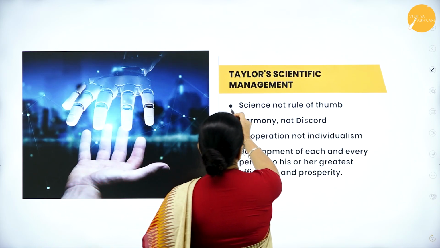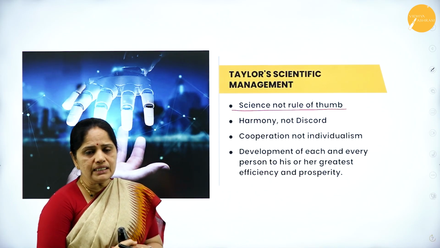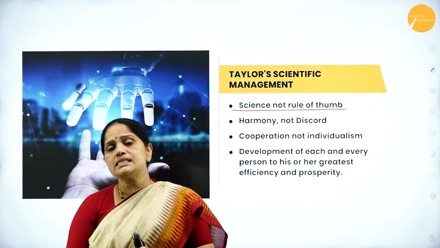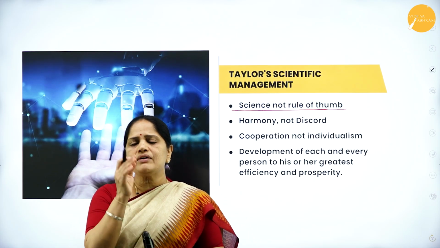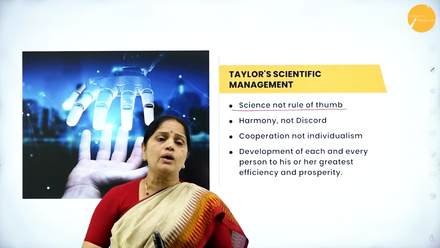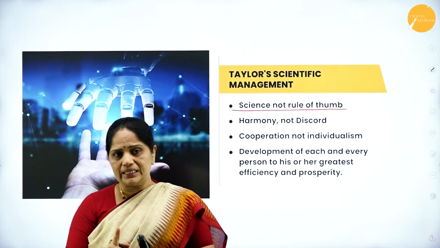In this, the first one is science, not rule of thumb. Now, in this, we should understand that Fayol says that science is important. So, there will be one best way of doing any job. Whatever job is in the organization, there is only one best way of doing it.